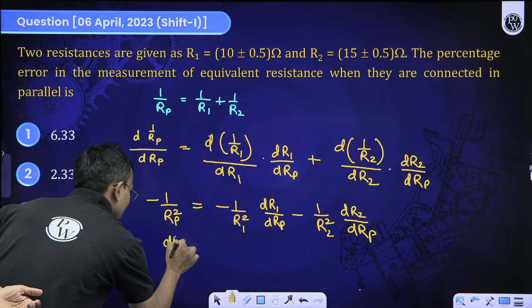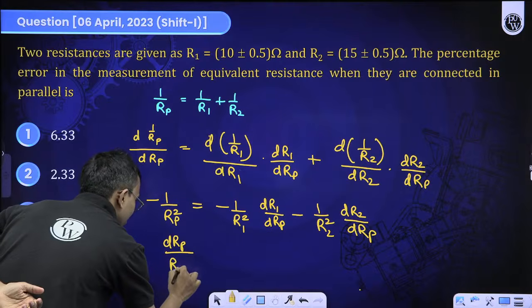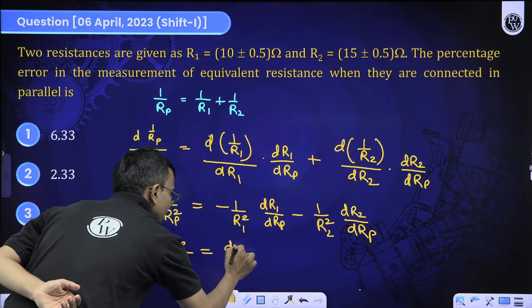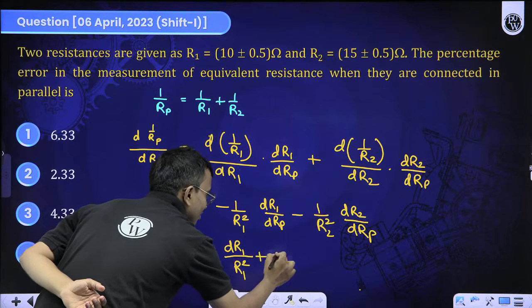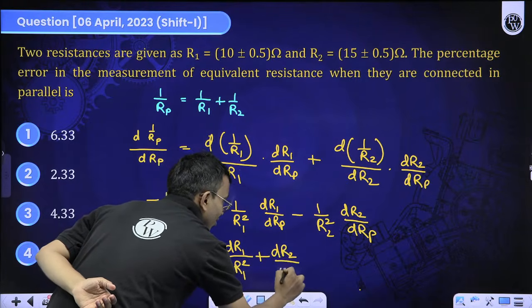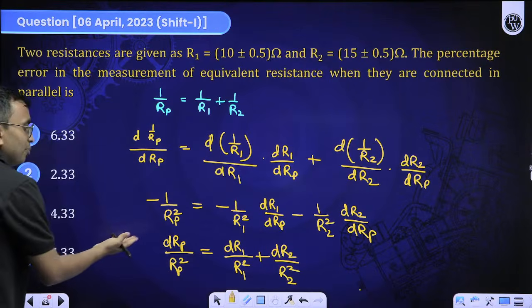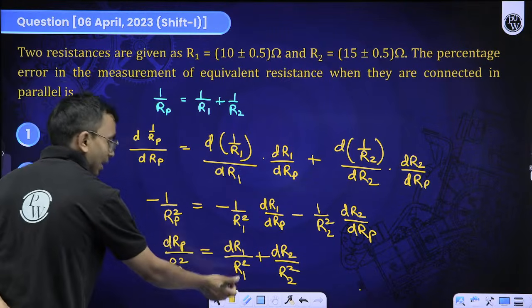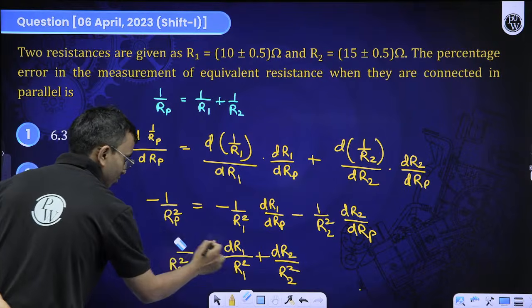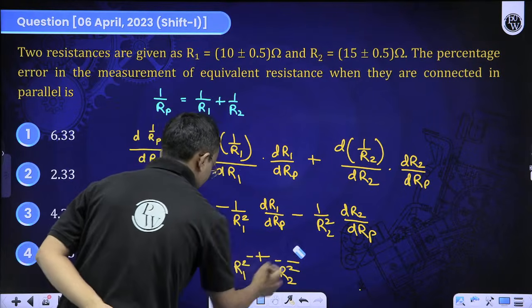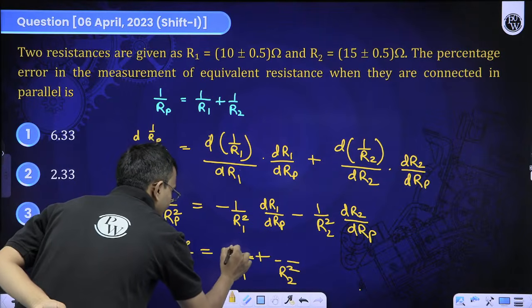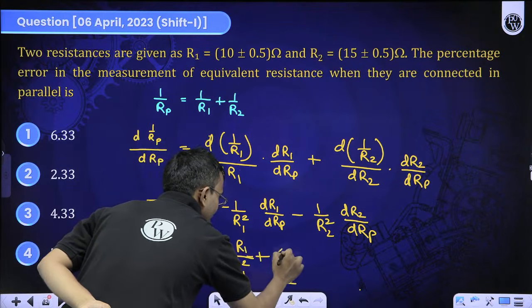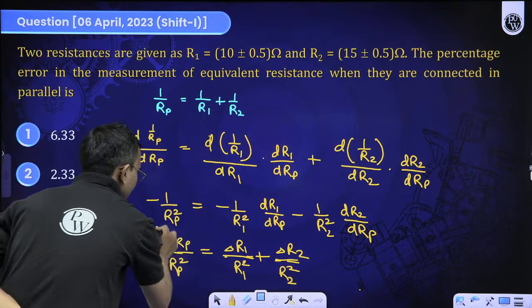So dRp by Rp square is equal to dR1 by R1 square plus dR2 by R2 square. What is dRp? Delta R parallel. dR1 is delta R1, dR2 is delta R2. You can put them in. Now you can do calculations.